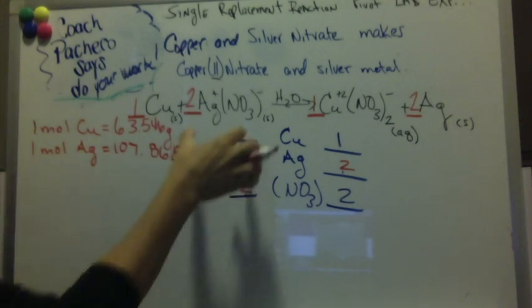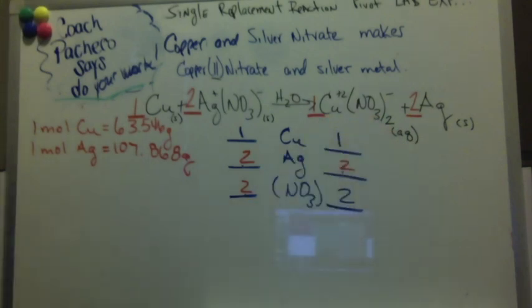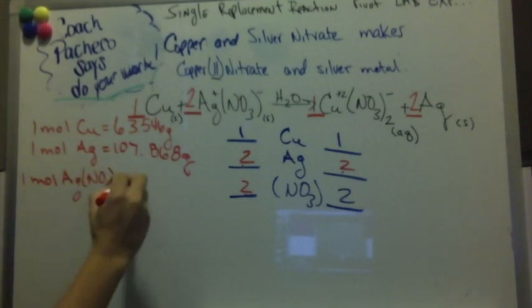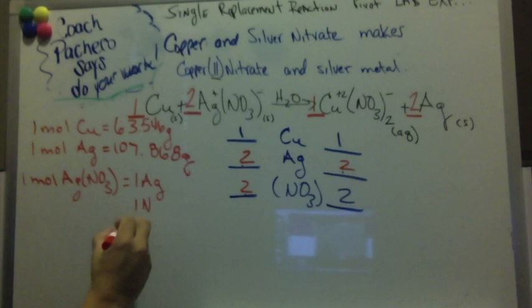Here's where it now gets a little bit complicated because now we're dealing with more than one element. So for silver nitrate, 1 mole of silver nitrate means I need 1 silver, 1 nitrogen, and 3 oxygens.